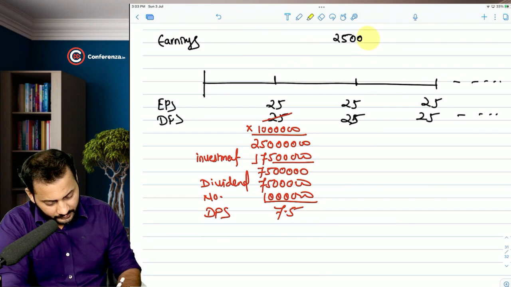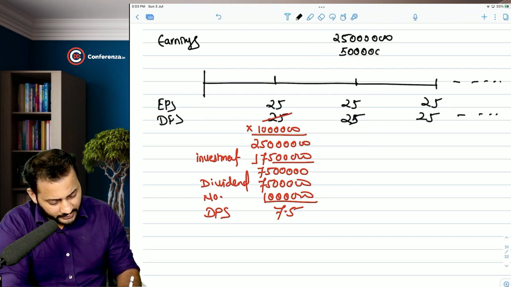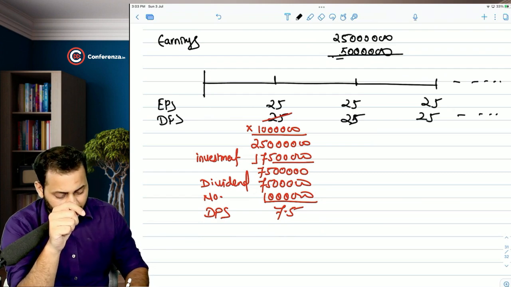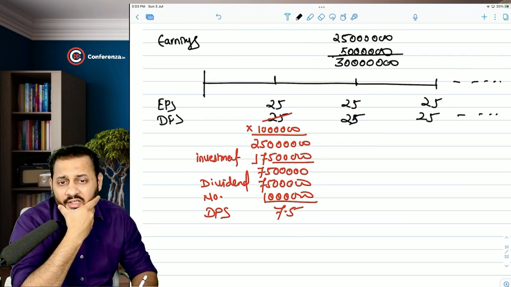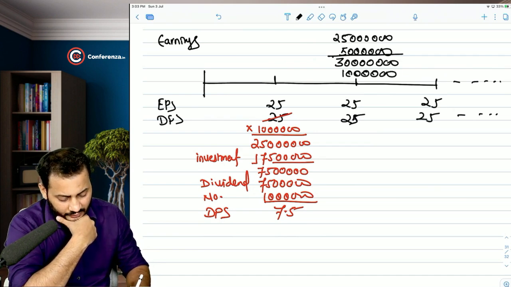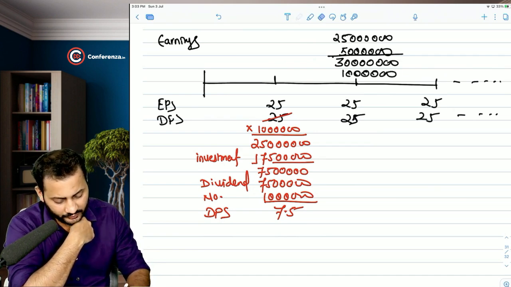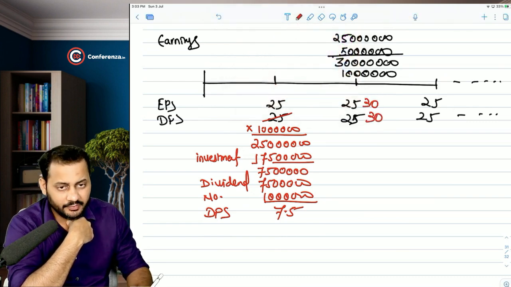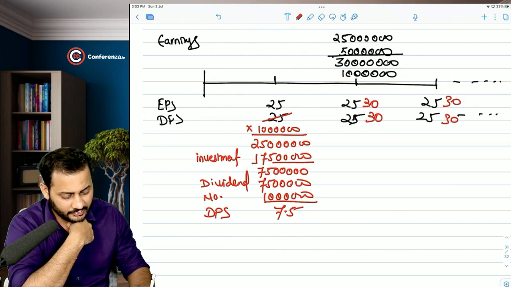But with the help of this project, you will start getting 50 lakhs more in earnings every year, and that will bring your earnings to 300 lakhs. 300 lakhs divided by 10 lakhs shares, your earning will increase from 25 to 30. And you will start paying a dividend of 30 from that year onwards.